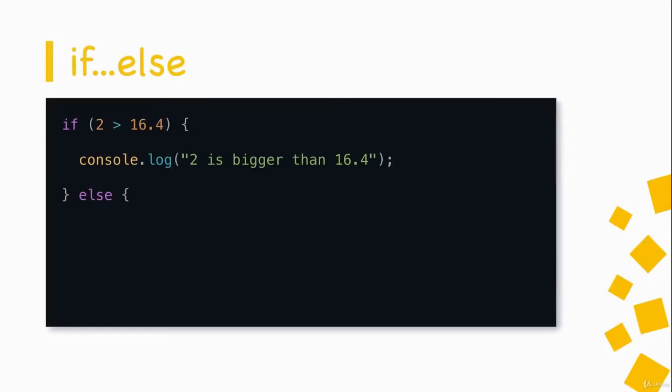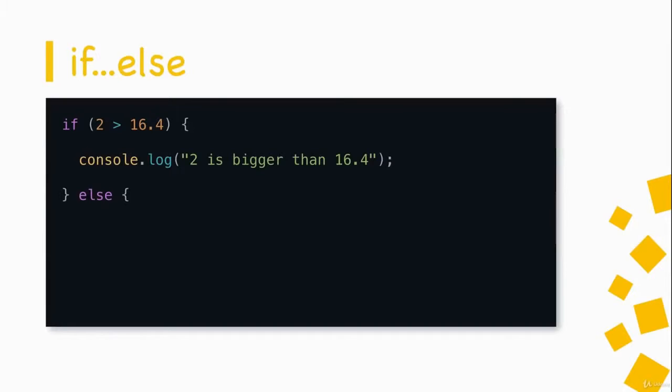Now instead of just ending the block right there, we can actually extend this if conditional with an else statement. So we type in the ending pair of curly braces, and then we type in else and then start another block. So instead of just ending the if statement, we extend it with an else block. And here we can define the code that we want to run if the condition is false.